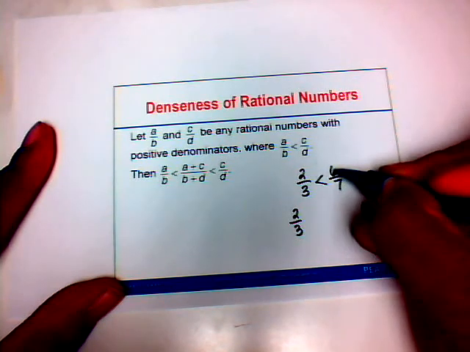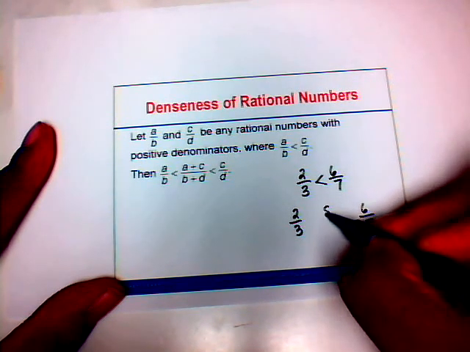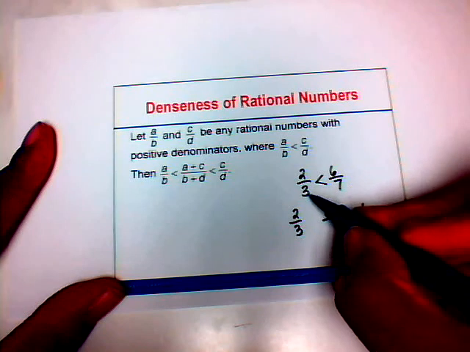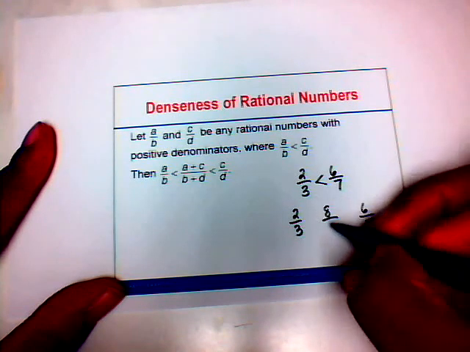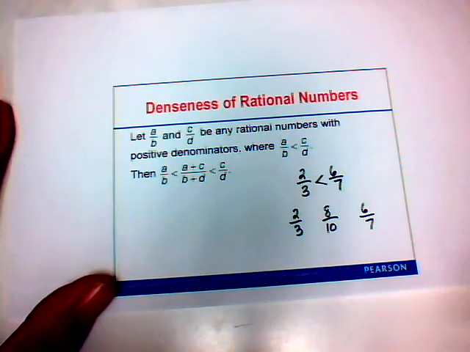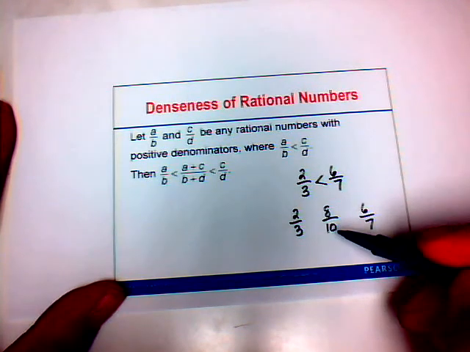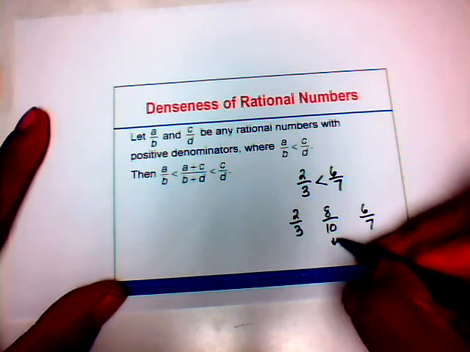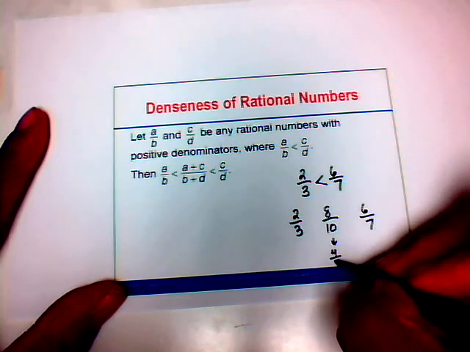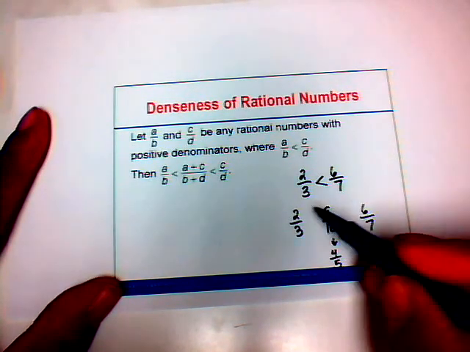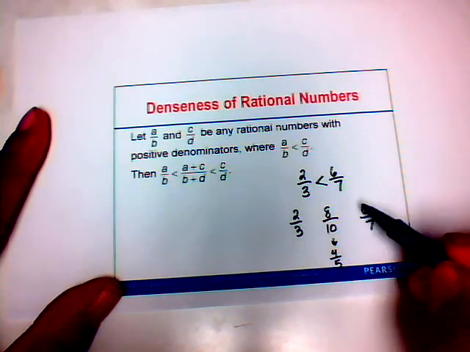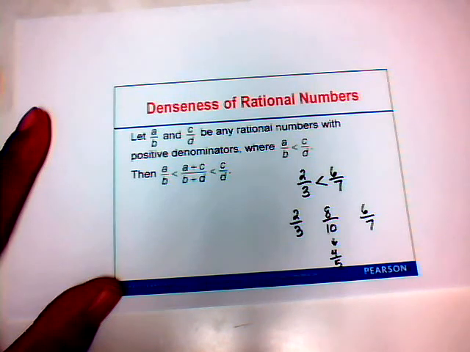If I add the 2 plus 6, my numerator is going to be 8. The denominator, if I add 3 plus 7, is going to be 10. So here I got 8/10, which is going to reduce to 4/5. And 4/5 is bigger than 2/3, but less than 6/7.